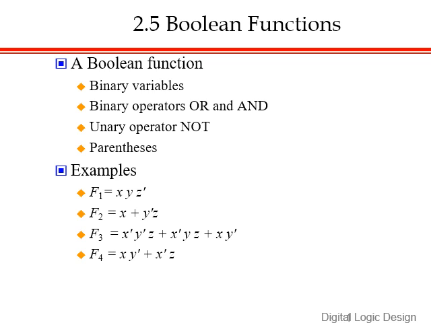So we can draw a truth table for all of these functions. As you can see, we have used three variables x, y, and z for every function from f1 to f4. So we will use three variables x, y, and z in our truth table. The inputs are x, y, z, and there can be 8 combinations from these three inputs.